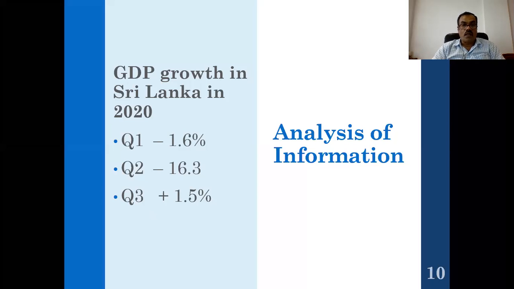So quarter one, even with little impact of COVID, recorded minus 1.6 as per the official figures, but quarters 2 and 3 were not published until 16th December. That report reveals quarter 2 economic growth rate was minus 16.3%, whereas quarter 3 showed a green light with positive 1.5 growth.